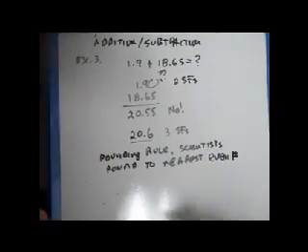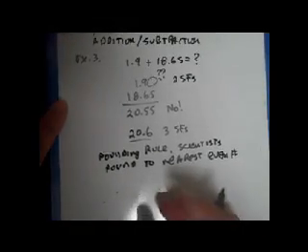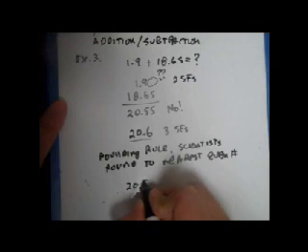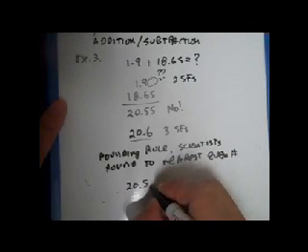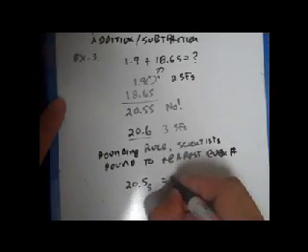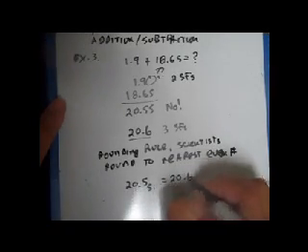For example, we all saw this. Let's say there's uncertainty in this digit right here, so we just simply say 20.6.